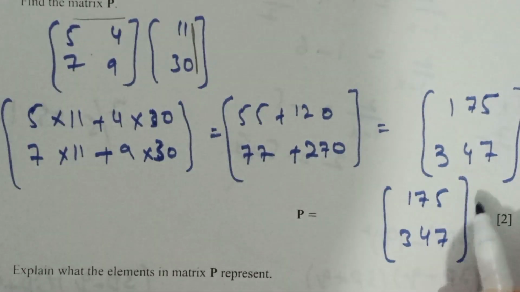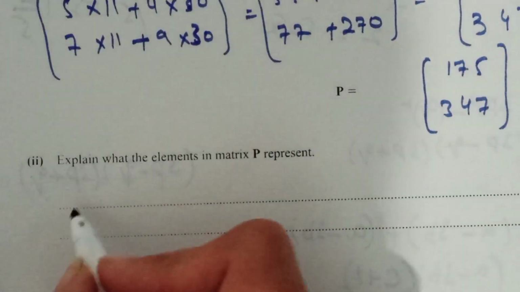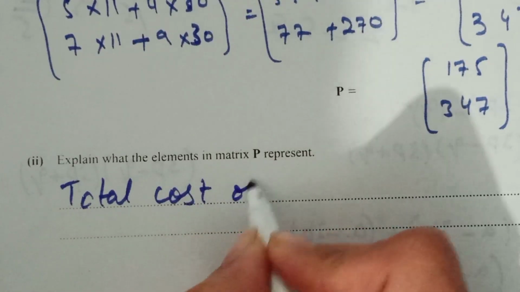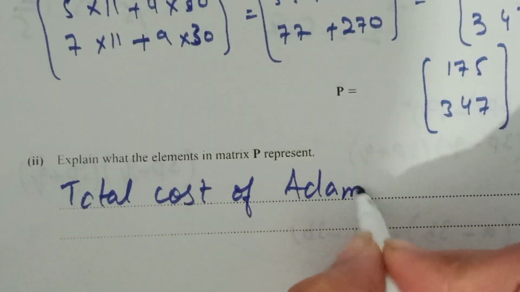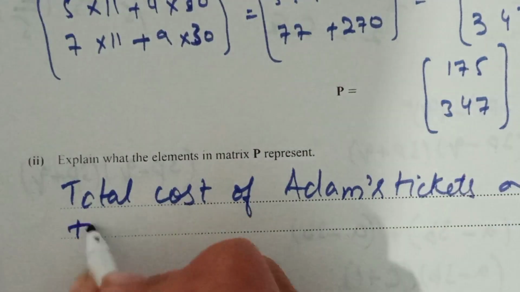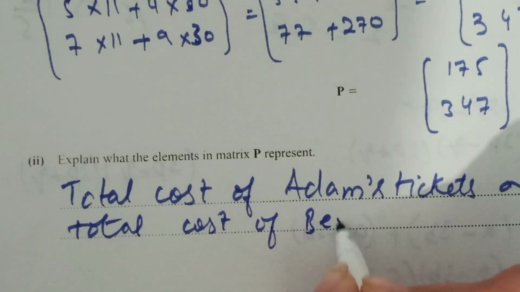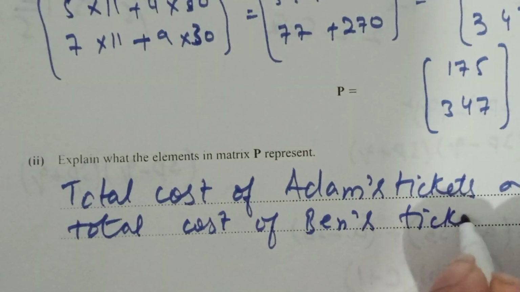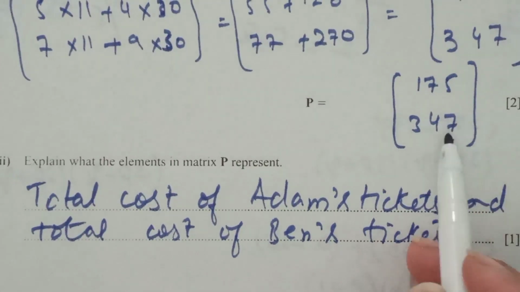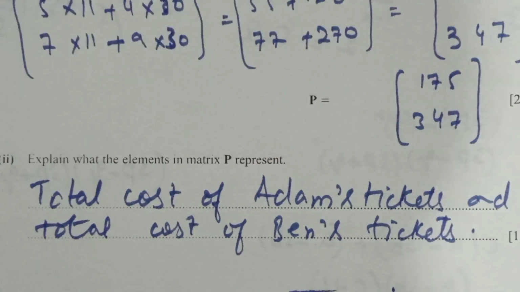That is the total spending of Adam and that is the total spending of Ben, that this matrix represents. We have to write it, the total cost of Adam's tickets and total cost of Ben's tickets. This is what the matrix P represents. Now students, question number 23 is solved.